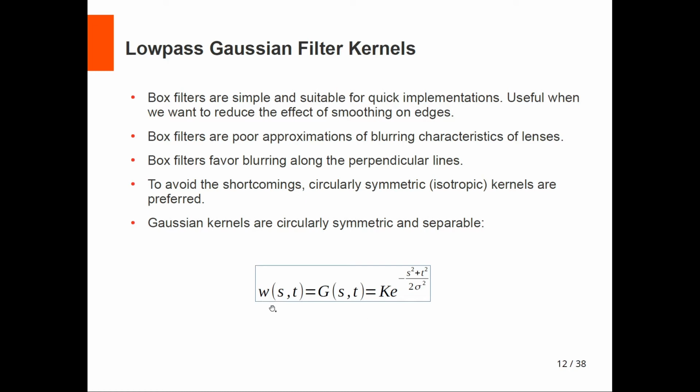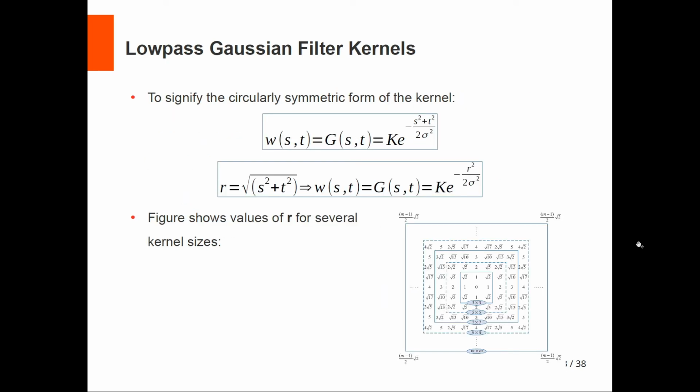We have the kernel with continuous variables s and t, and the equation is defined as this. We have k, which is a constant showing the strength of the kernel, and we have e to the power negative s squared plus t squared over 2 sigma squared. So to signify the circularly symmetric form of the kernel, it is very common to replace s squared plus t squared with r squared.